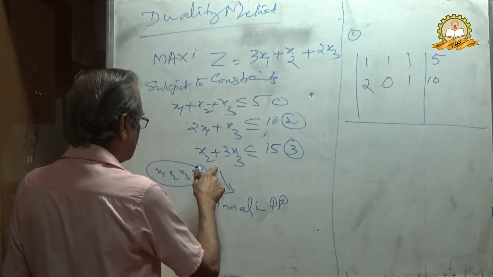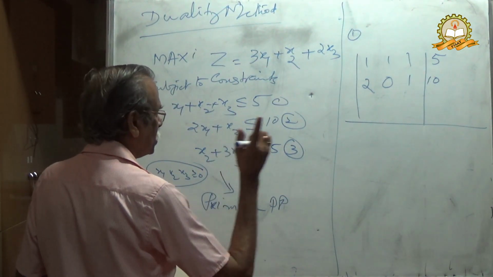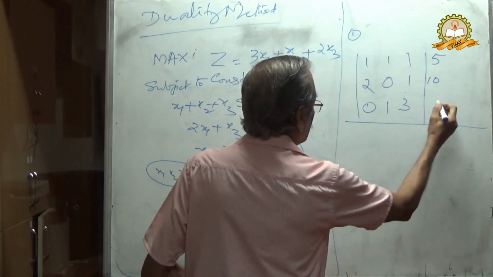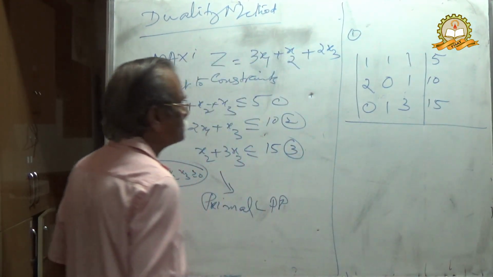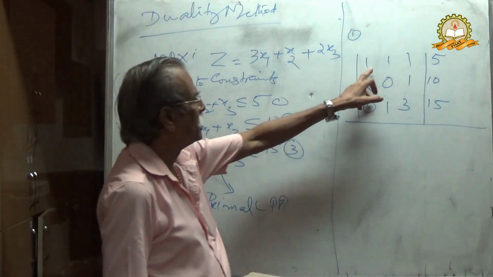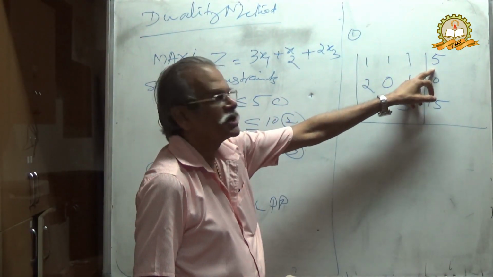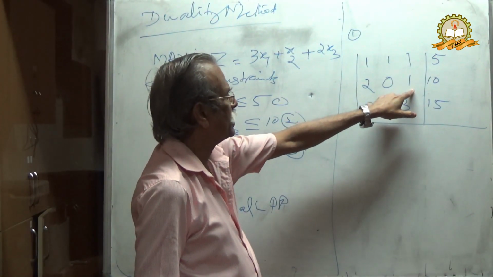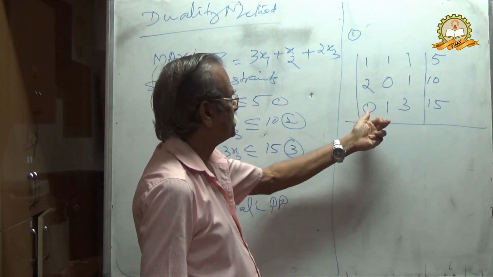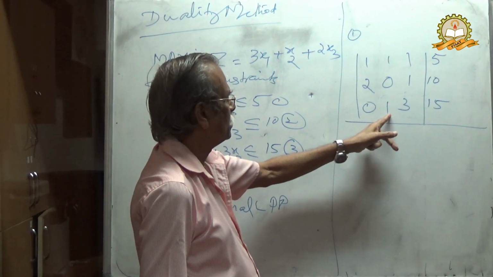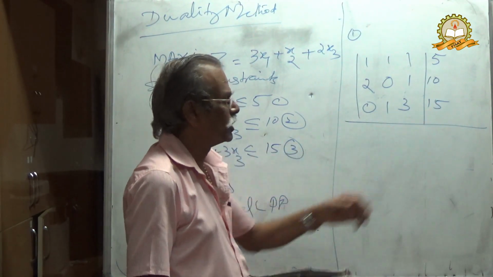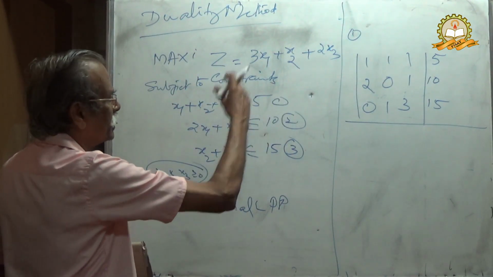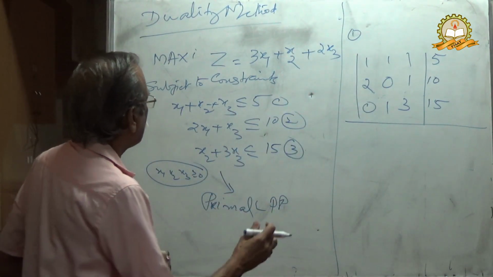In the third one, x2 plus 3x3, x1 is not there, so 0, 1, 3, and 15.